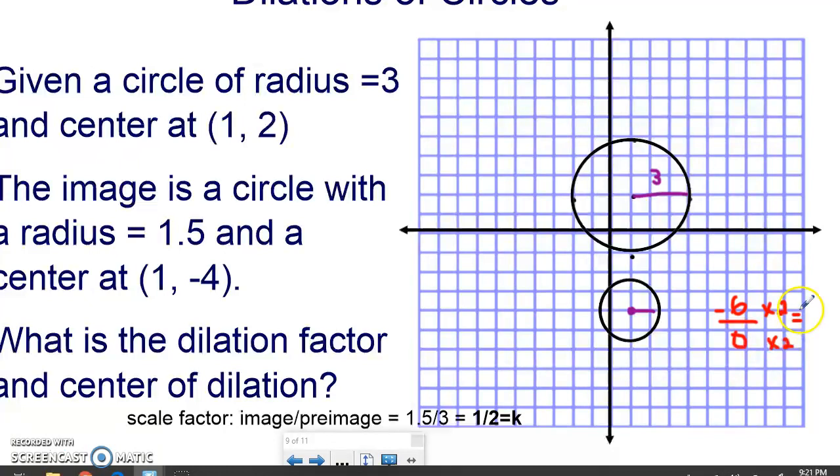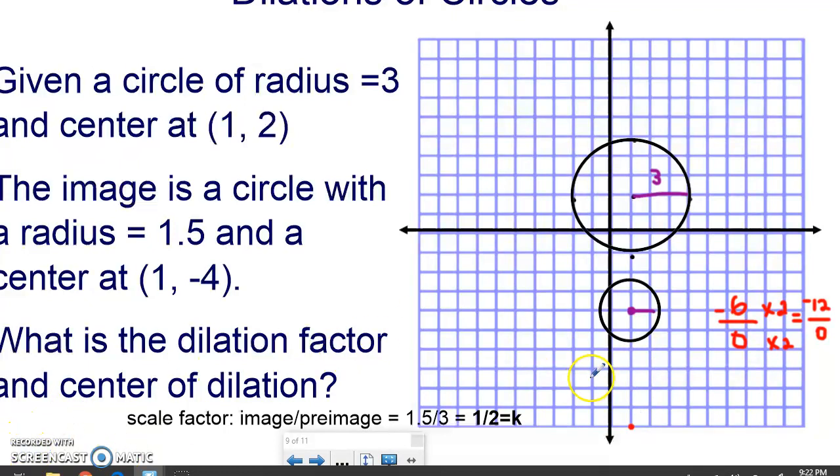This one's really goofy. It's one of the only ones that does this. But you have to use that scale factor and think backwards to figure it out. So my center would be just to go down 12. So 1, 2, 3, 4, 5, 6, 7, 8, 9, 10, 11, 12.